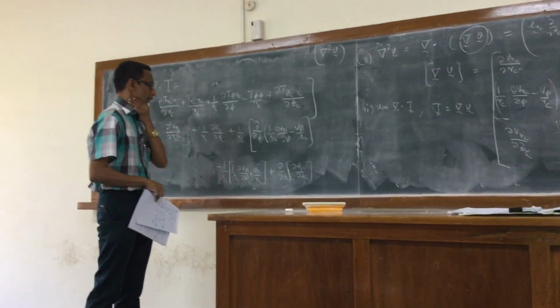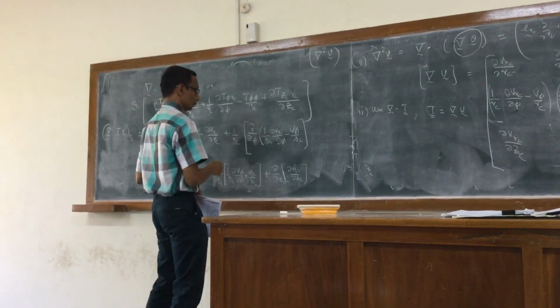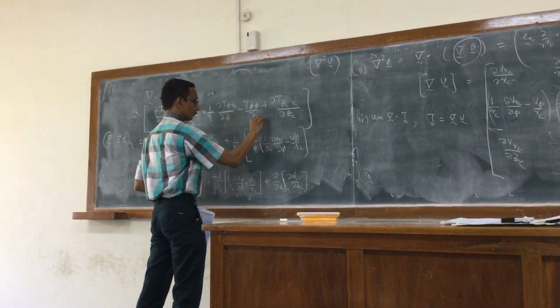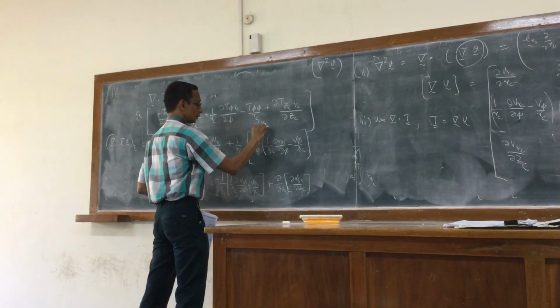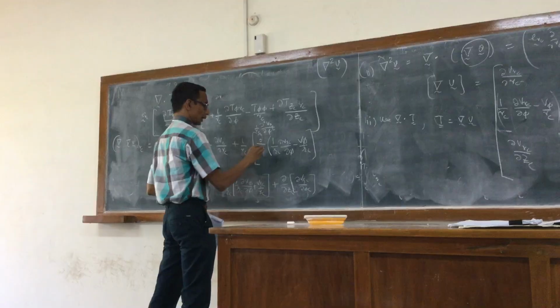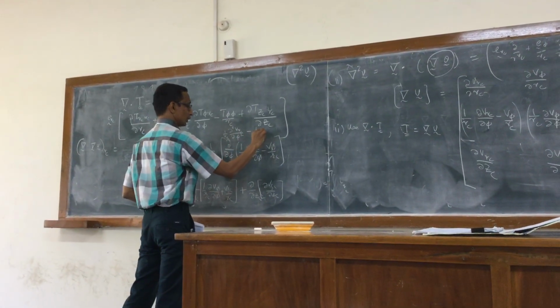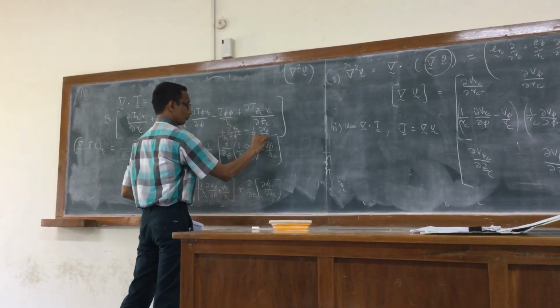Now if I were to calculate this, this would be d squared vRC by d phi squared.